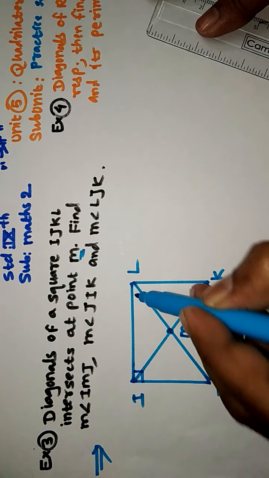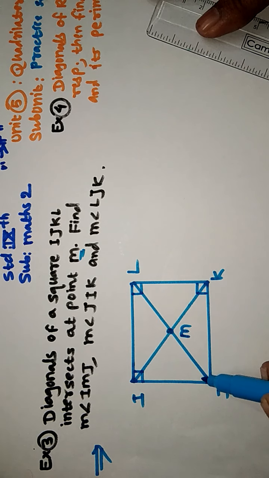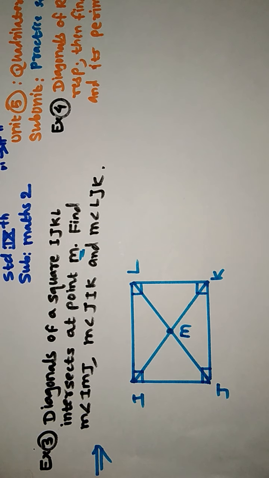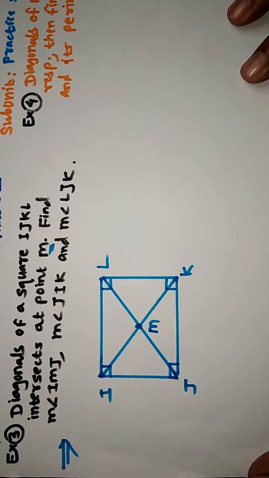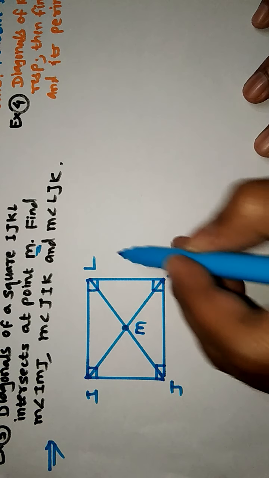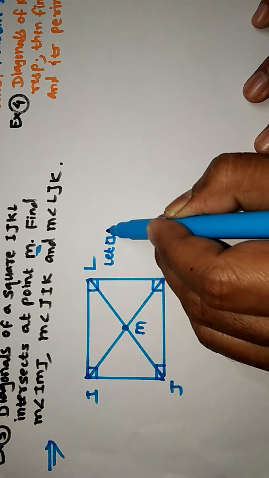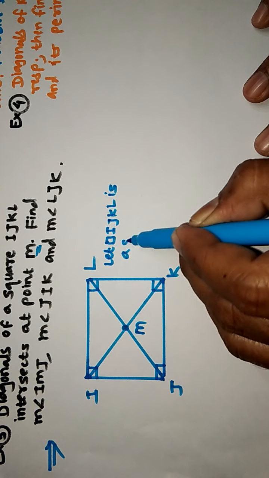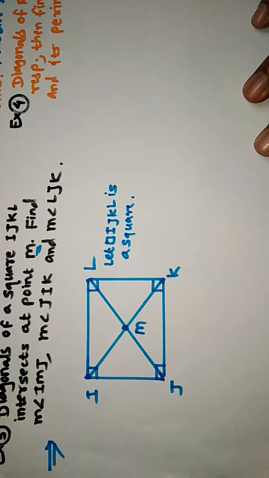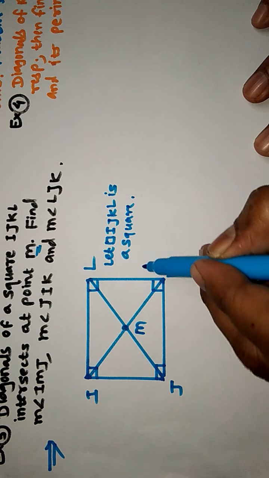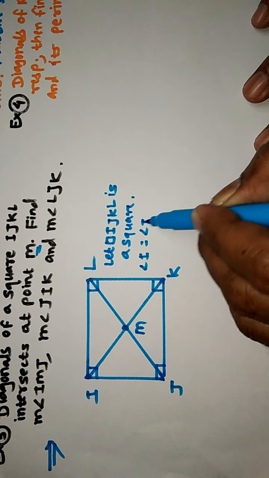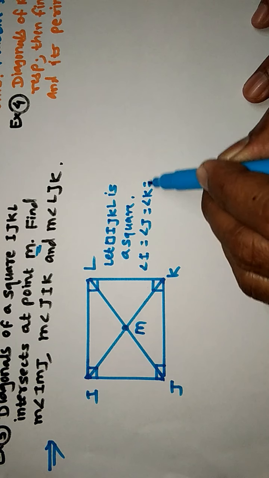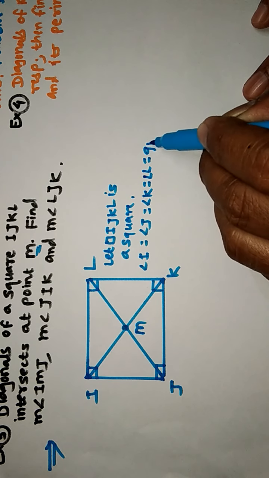Now we know each angle of a square is 90 degrees. Let quadrilateral IJKL be a square. Angle I, angle J, angle K, angle L are equal to 90 degrees.